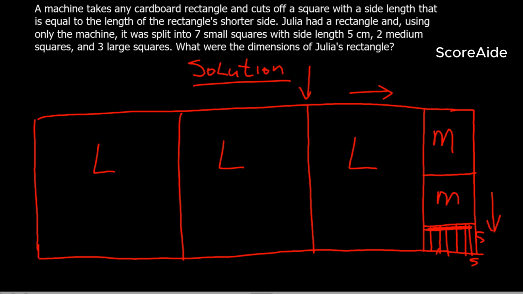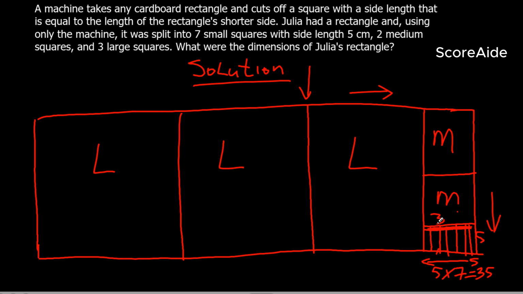So what is going on here? If the dimension is 5, then this will be 5 times 7, which gives us 35. So the length of this base is 35.